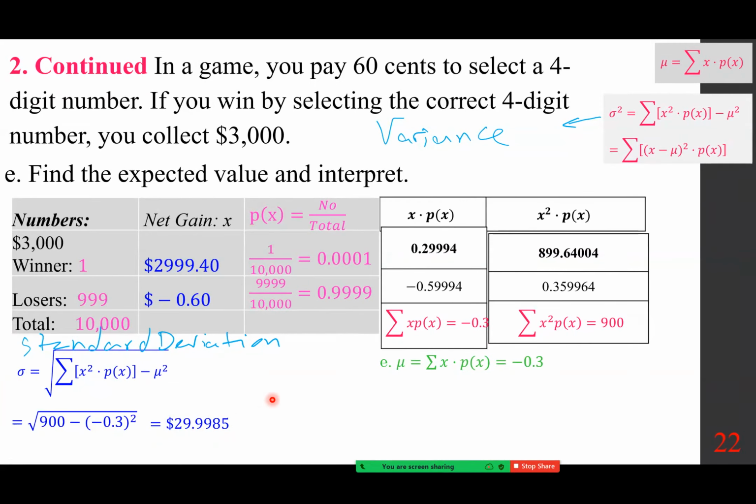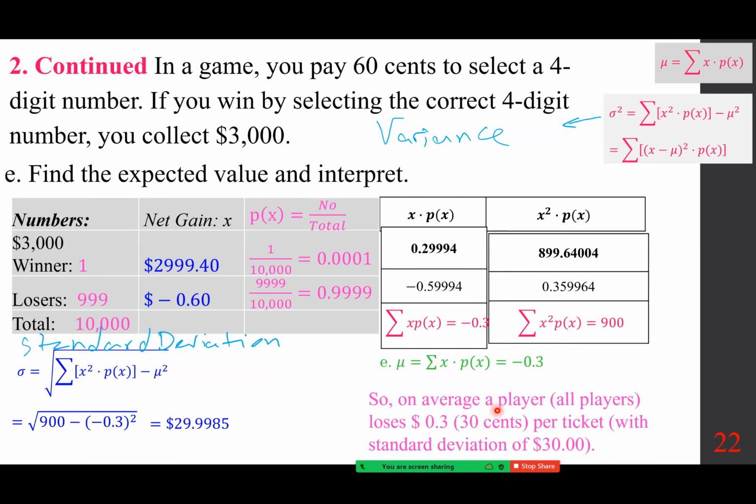So this is the interpretation. Everybody who plays is going to lose an average of 30 cents, or $0.3. Why? Because it's negative. With the standard deviation about $30.